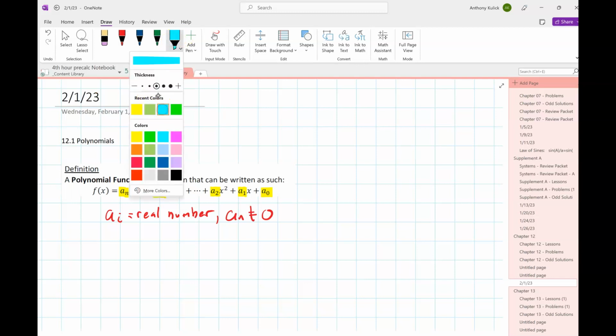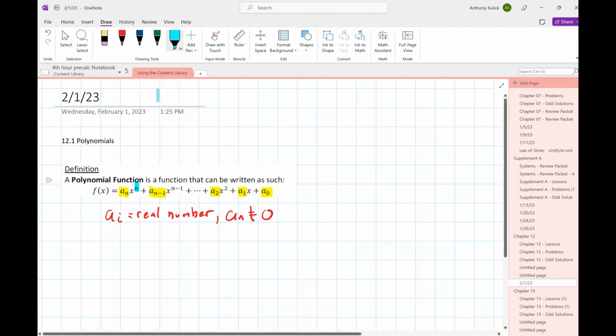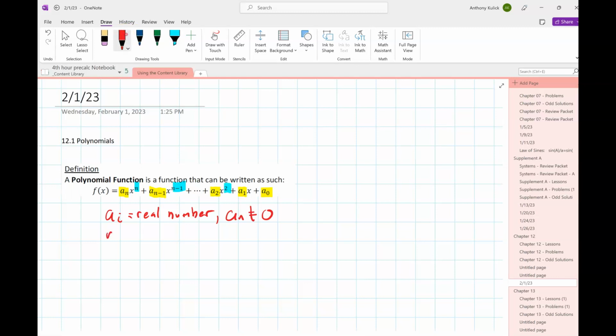And then we have these exponents, these n's in the exponent. What do these exponents have to be? They have to be non-negative. So 0 is okay. That's the difference between positive and non-negative.